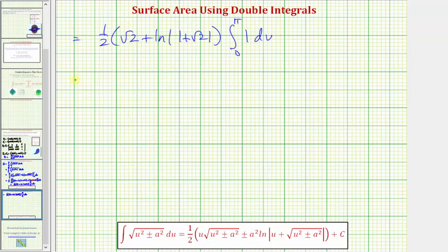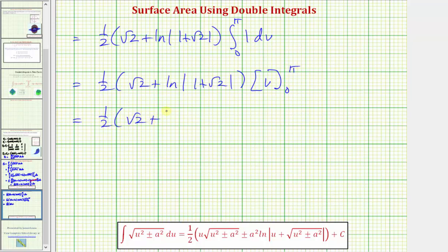Well, of course, the antiderivative of 1 with respect to v would just be v. So this gives us 1/2 times the quantity square root 2 plus natural log absolute value of 1 plus square root 2 times, well, of course, when v is pi, we have pi. When v is 0, we have 0.